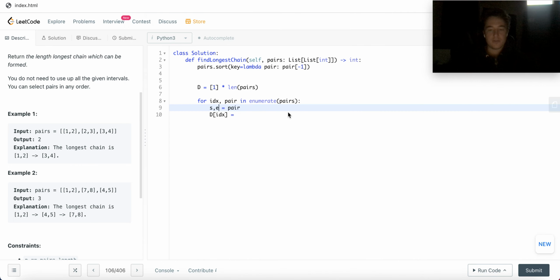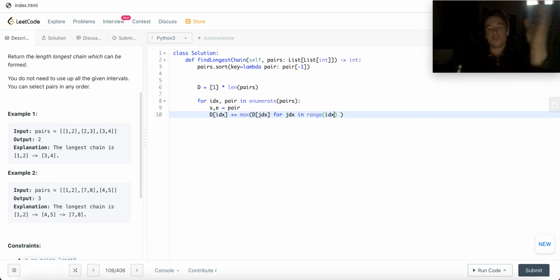So this is very much like longest increasing subsequence. I'd say this is the max of, because I'm going to get my own length path, which is length 1, plus the length of the chain that I can connect to. So D of JDX, for JDX in range IDX.